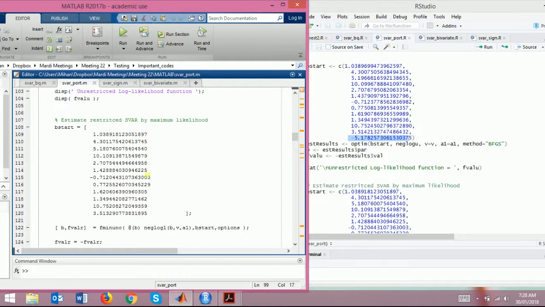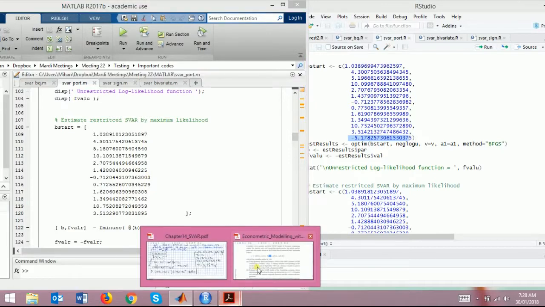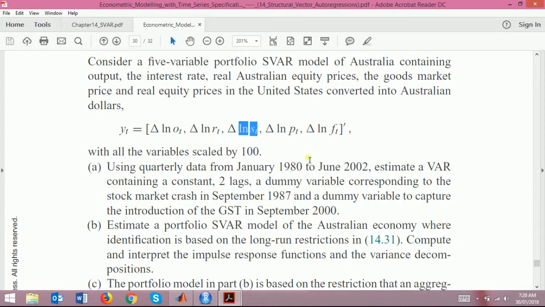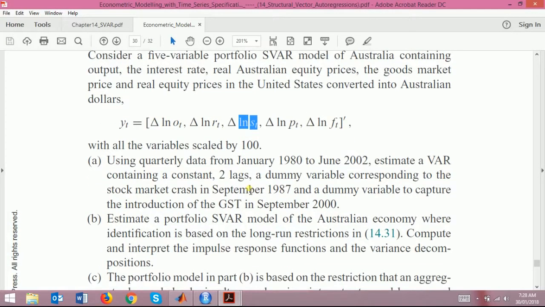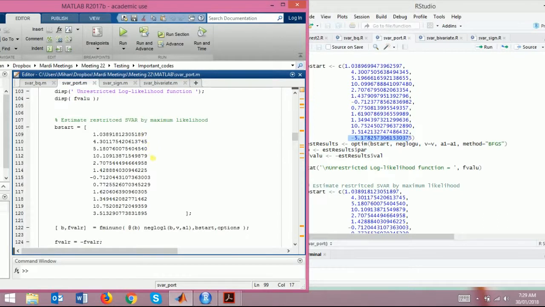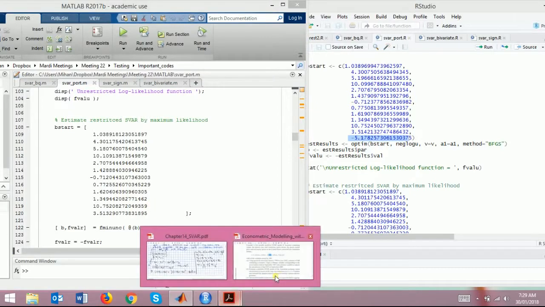One, two, three, 4, 5, 6. Let me go through the question one more time. We have 1, 2, 3, 4, 5, 2 lags and the dummy variable. 1, 2, 3, 4, 5, 6, 7, 8, 9, 10. 2 lags, a dummy variable.